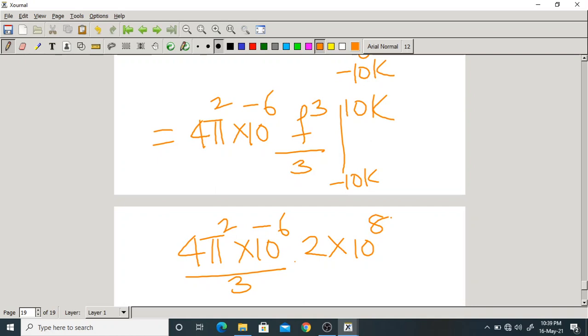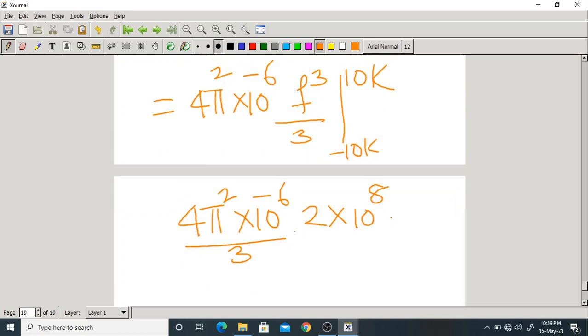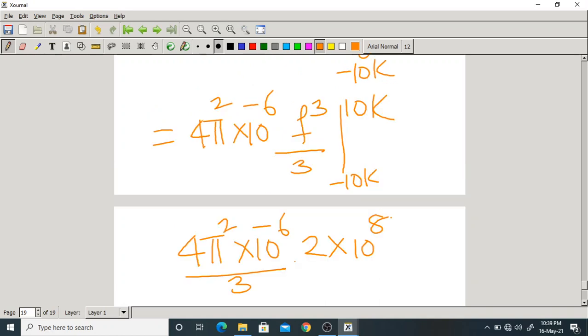Is it right? I am not okay with these calculations. You just do it. Not 2. 10 power 6 only, right? Not 8 maybe.